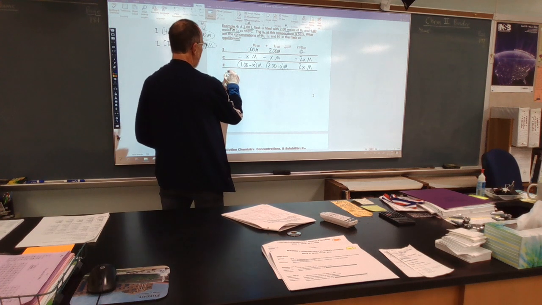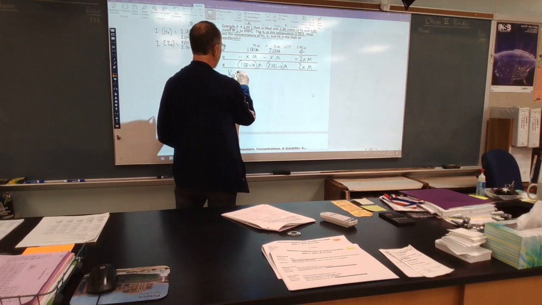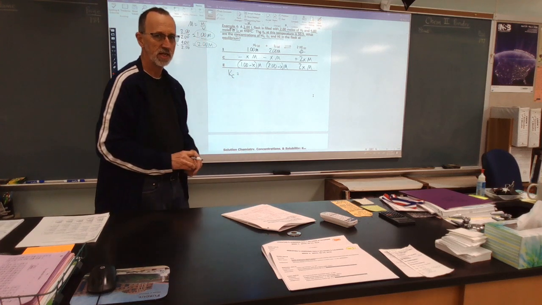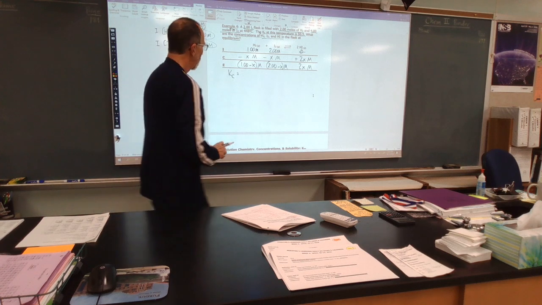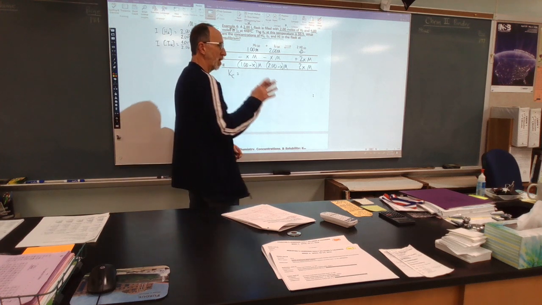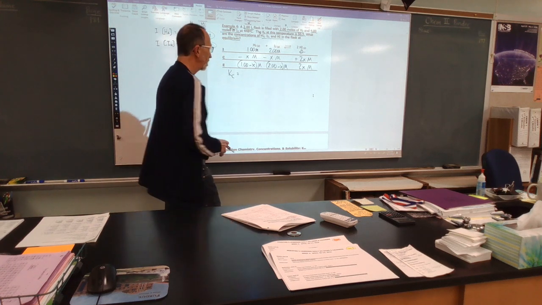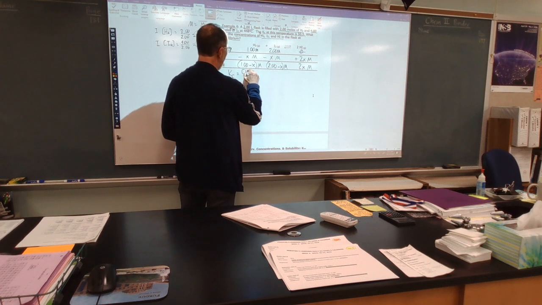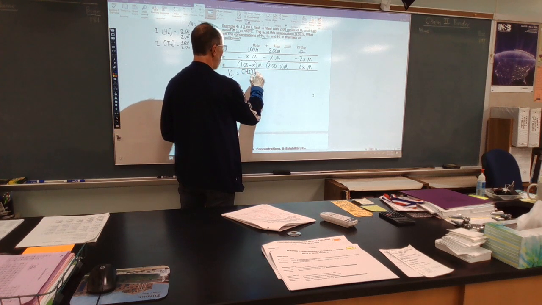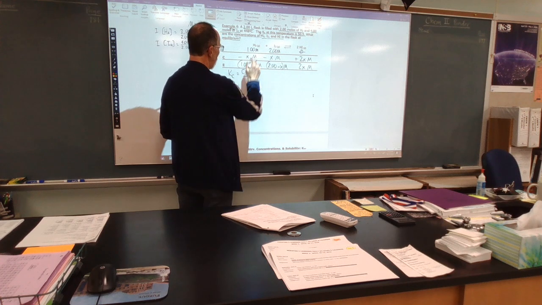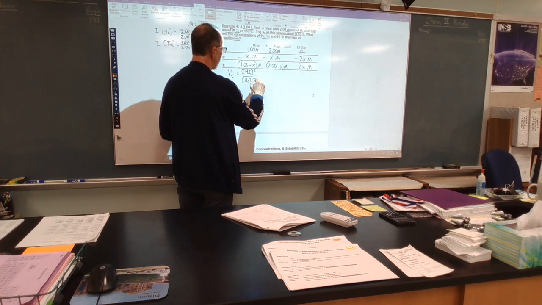First of all, we want to set up our K expression. This is Kc. Again, these are concentrations, so we're using Kc. So Kc would be equal to, remember, the ratio of products to reactants. So we have the HI concentration squared, because of that 2, over the concentration of hydrogen times the concentration of iodine.